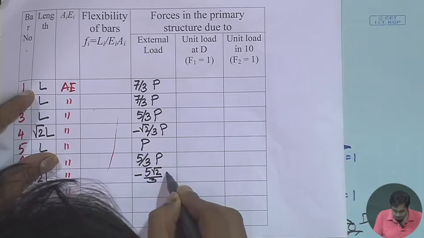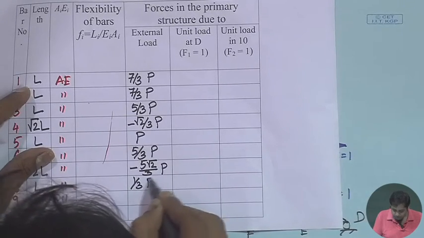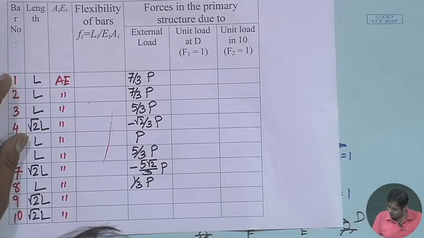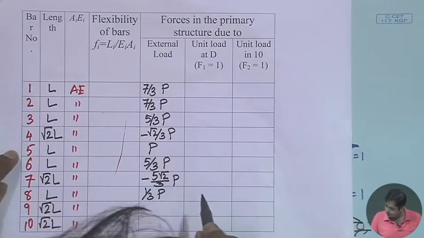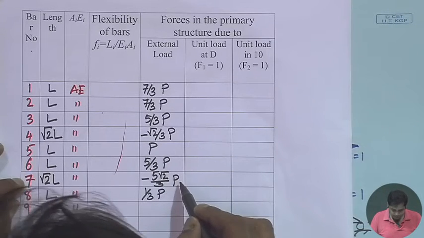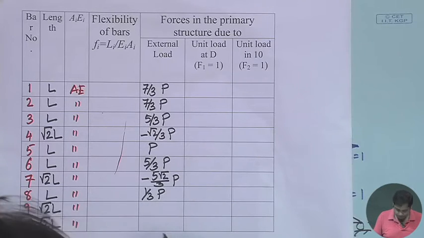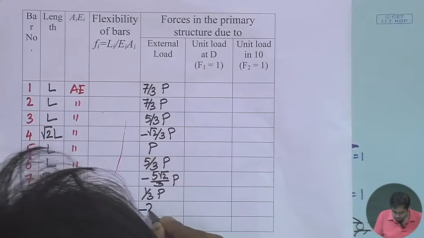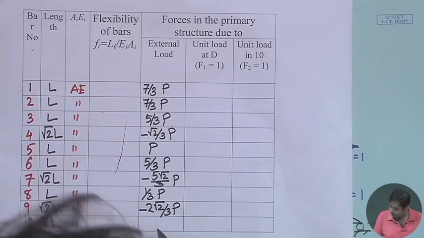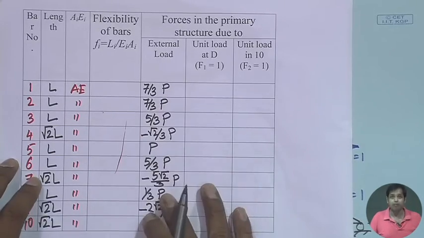Okay. Here the idea is to demonstrate the concept. Let me see, member 5, member 6 is 5 by 3 P, member 7, and then member 8 is P by 3, member 9 is minus 2 root 2 by 3 P. I do not know whether it is properly visible or not, but that is not important.